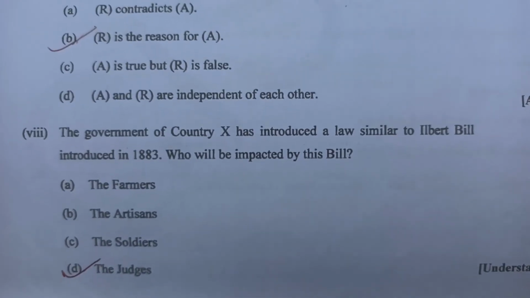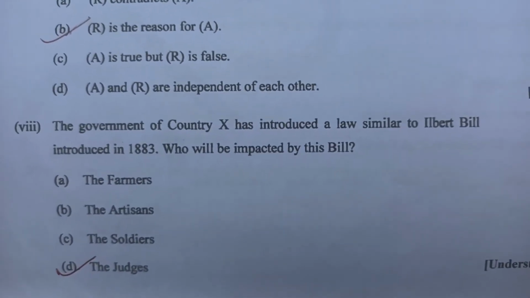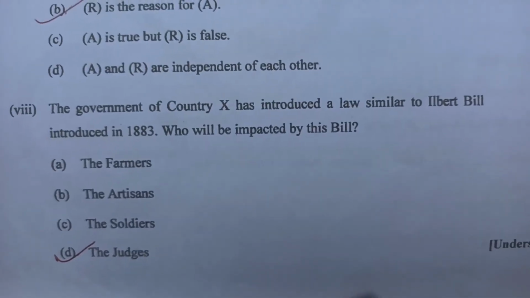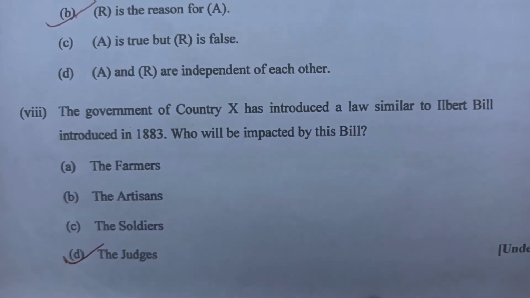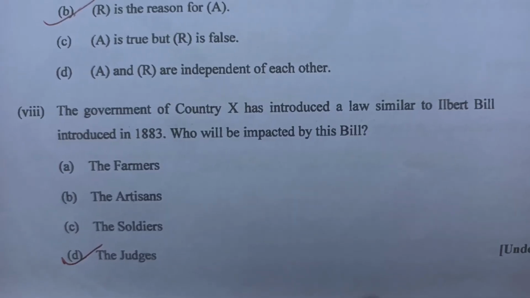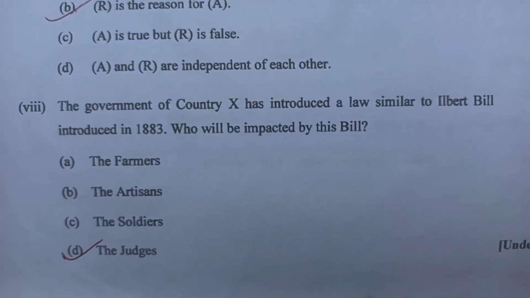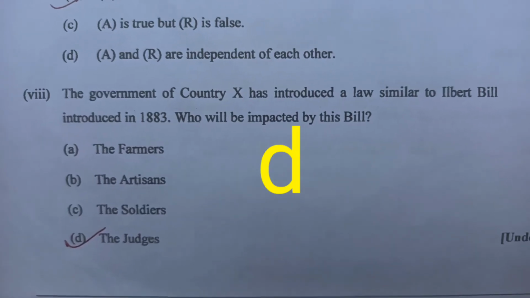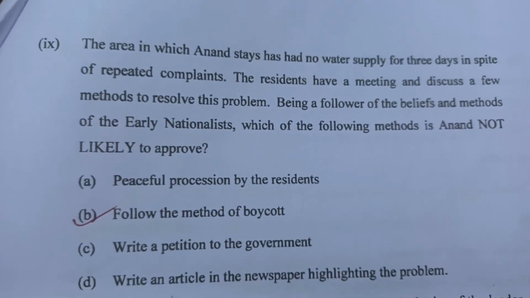8th, the government of country X has introduced a law similar to the Ilbert Bill introduced in 1883. Who will be impacted by this bill? So here option D is correct, the judges. Here the situation is given there.